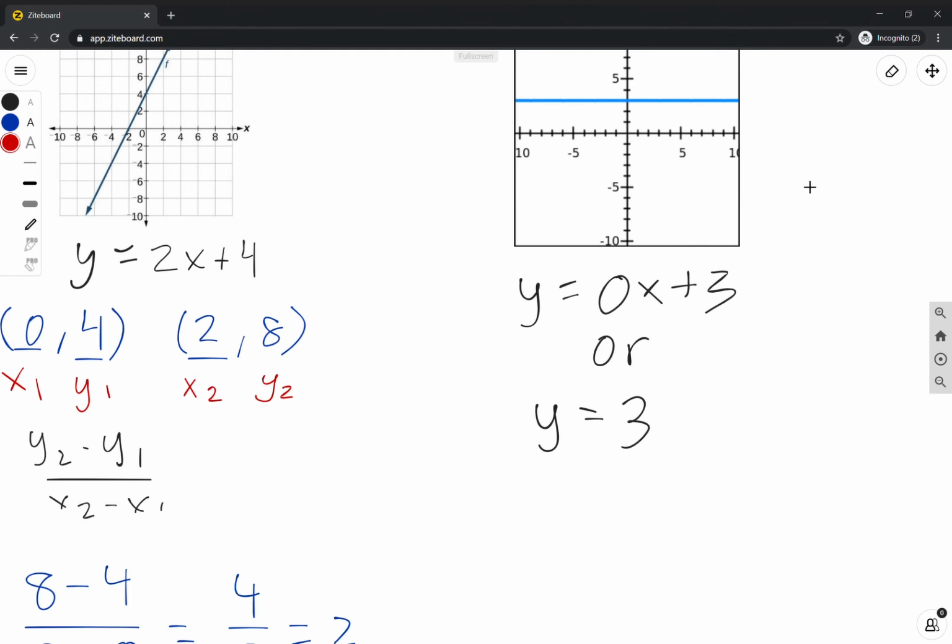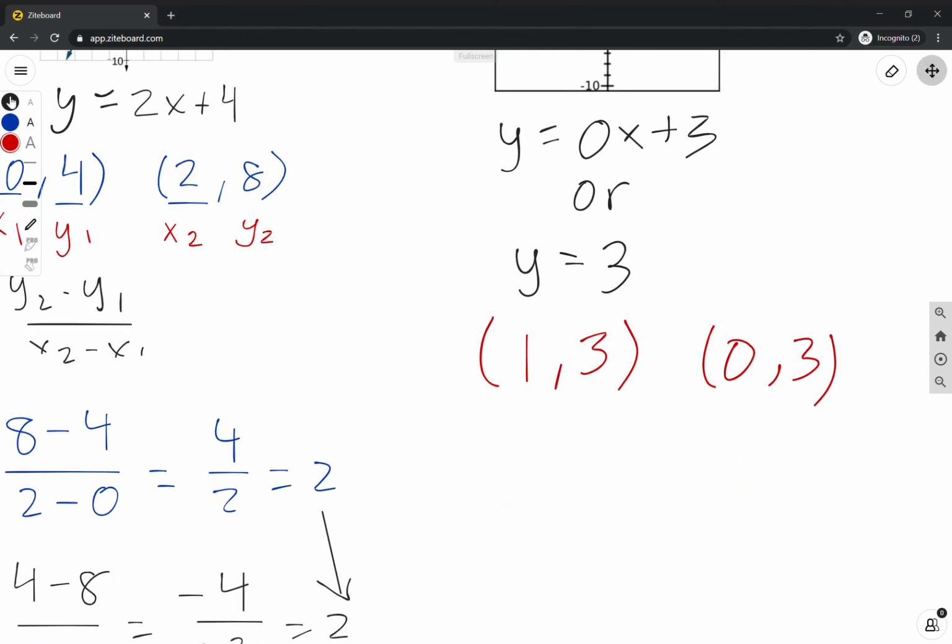But just to mathematically verify, let's say we choose the points (1, 3) and (0, 3). And once again, you can choose any points along this line. So let's just plug it in. We get 3 minus 3 over either 0 minus 1 or 1 minus 0, depending on what you choose as x1 and x2.